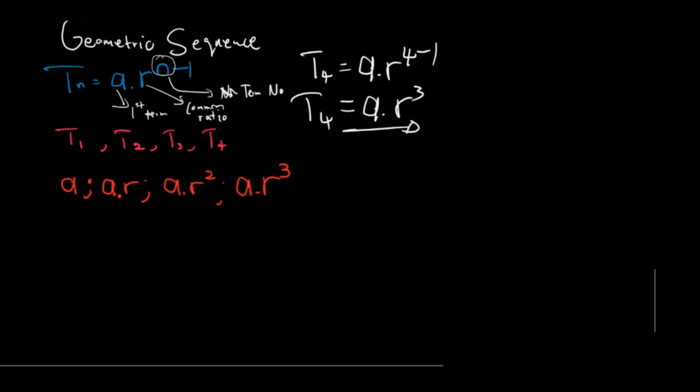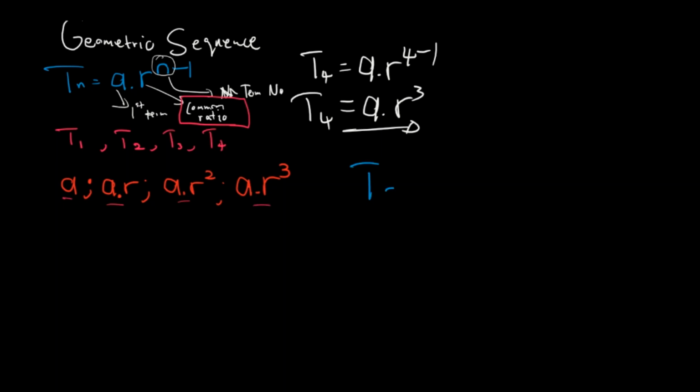A geometric sequence has a common ratio. For us to identify the common ratio, we need to divide these terms here. All you need to do is this: term number 2 divided by term number 1 will give you the common ratio.